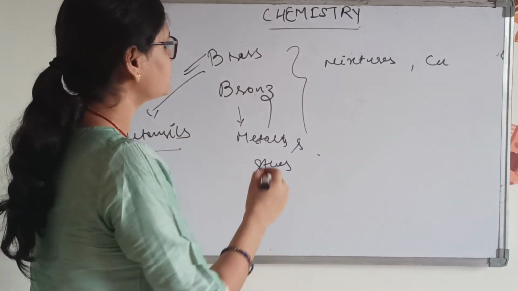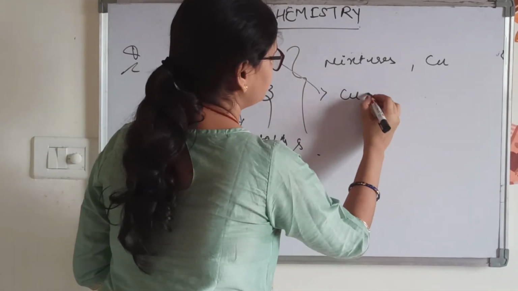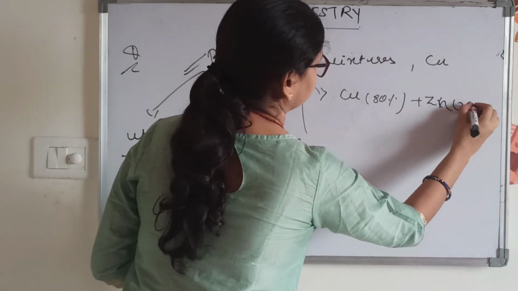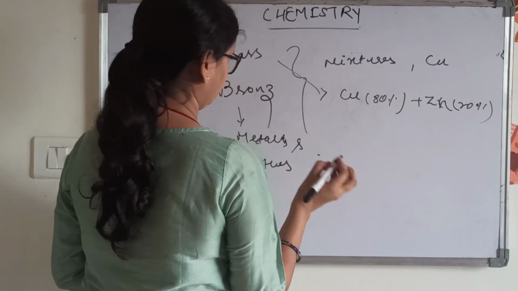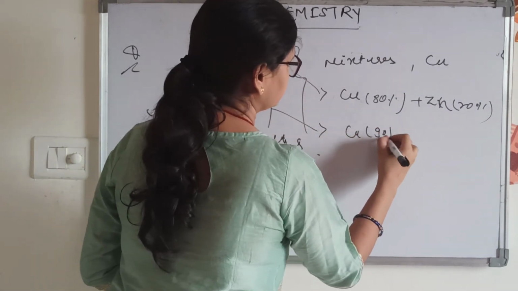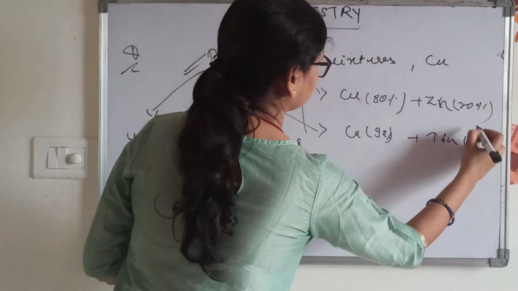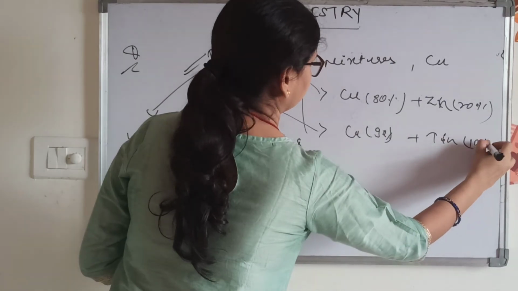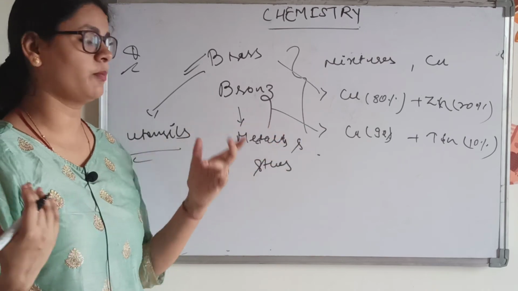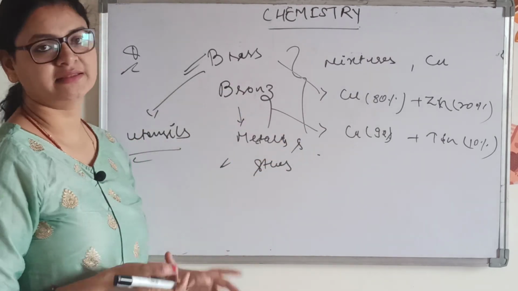Brass contains copper 80% and zinc 20%, and bronze contains copper 90% and tin 10%. Because bronze contains 90% copper, bronze is costlier than brass. That was the first reason.